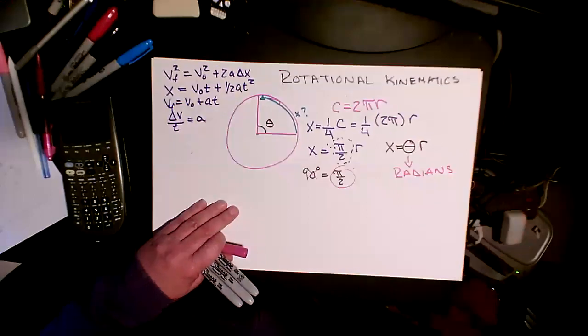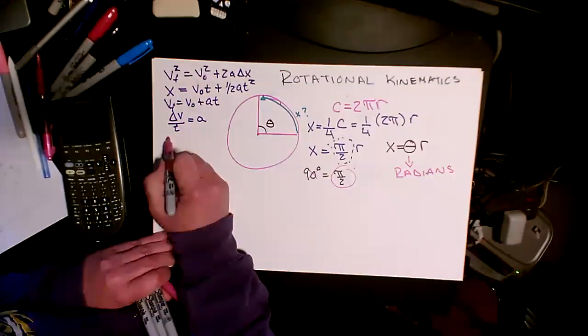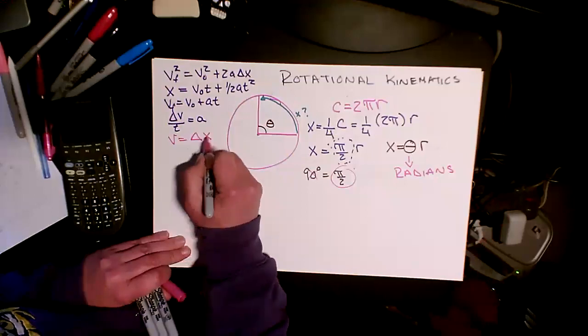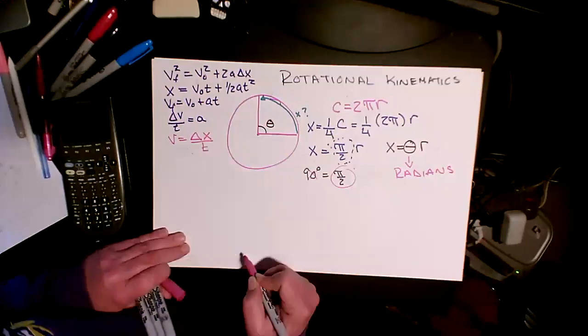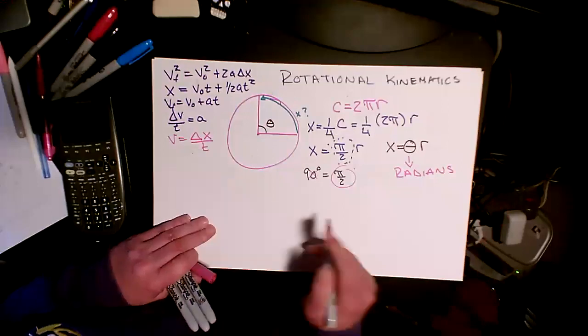Now let's think. We have a change in velocity over time, and velocity is a change in position with respect to time.